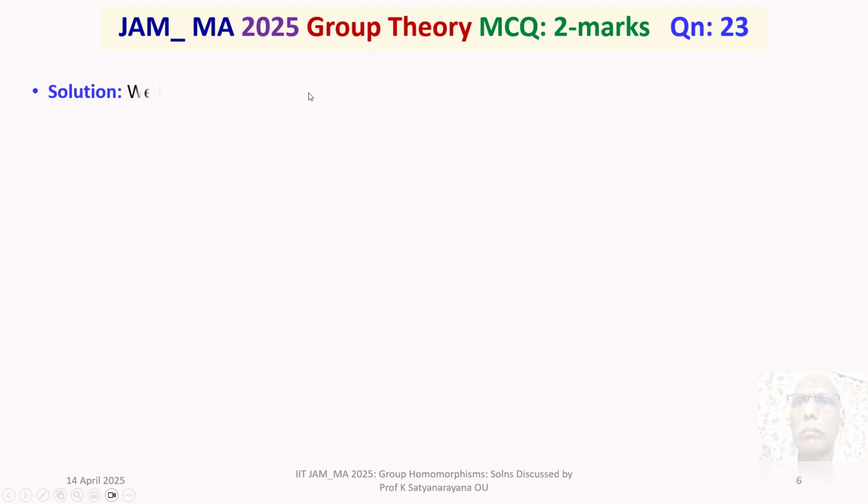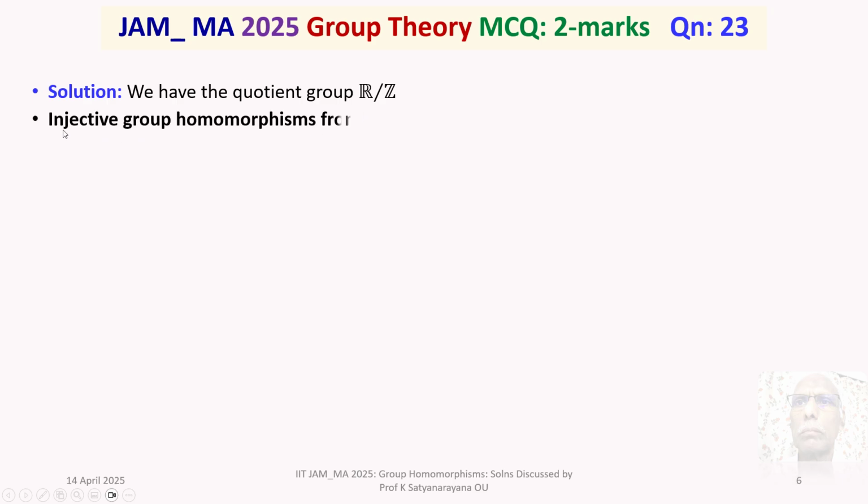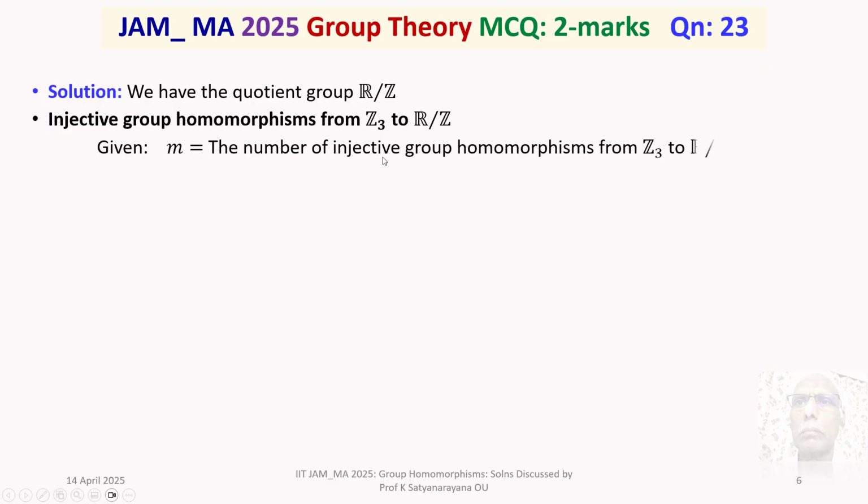Let's now discuss the solution of the problem in detail. We have the quotient group R/Z. We will now discuss the injective group homomorphisms from Z3 to R/Z and also count them. Given M is the number of injective group homomorphisms from Z3 to R/Z.